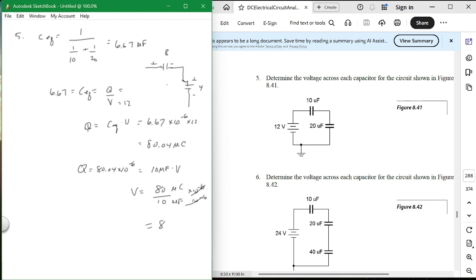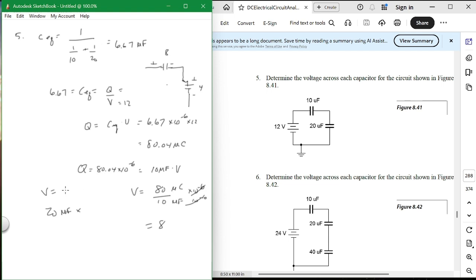And you can go back and look at it. You can say 6.67 is equal to 20 microfarads, which is my C, times... okay, no. Voltage is equal to, if you move voltage over here, Q divided by C equivalent.